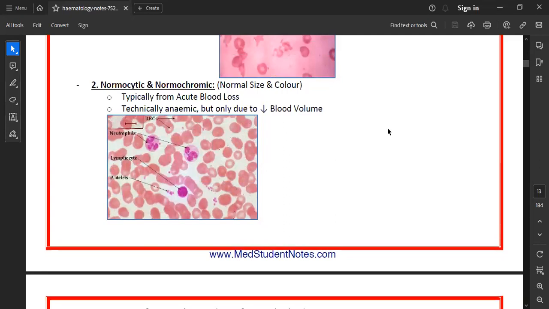Once there's loss of blood, the body will quickly try to make more red blood cells to replace the ones that were lost. And so, yeah, it might have anemia. It's not as serious as I mentioned, but it's still mentioned.